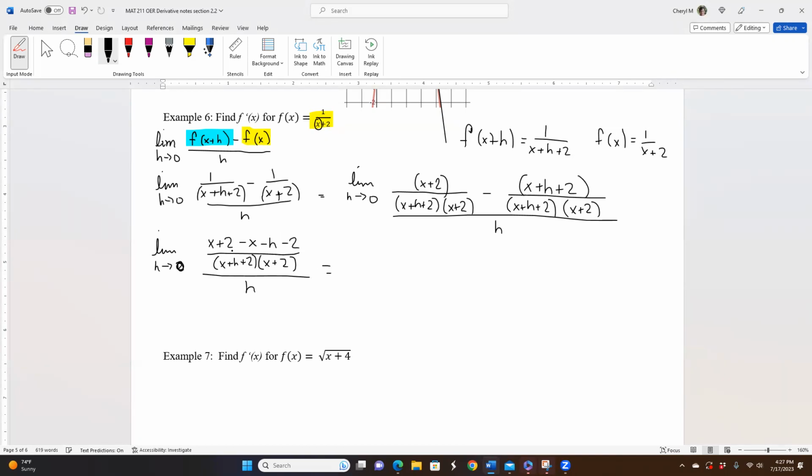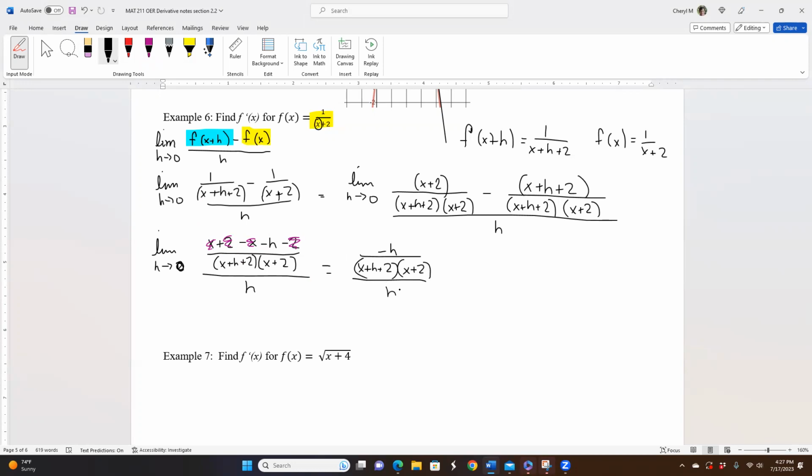Now in our upper numerator, the x's cancel and the 2's cancel, and we're left with a negative h.